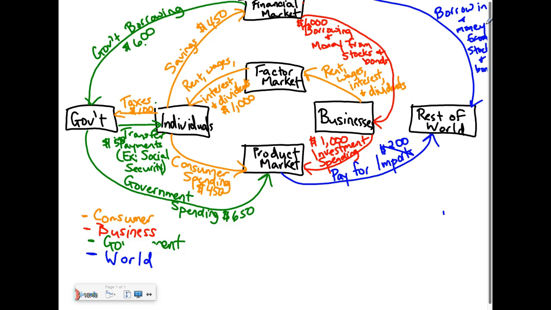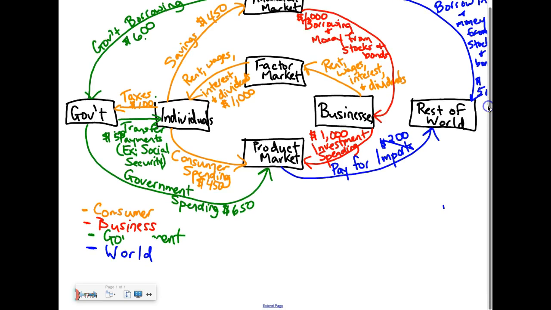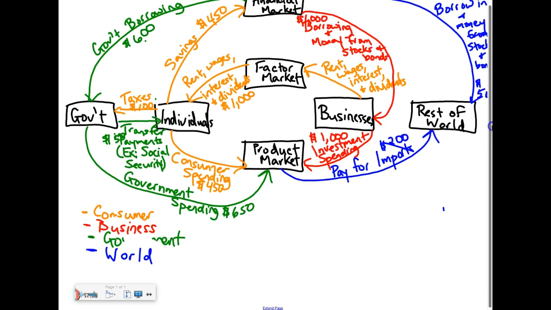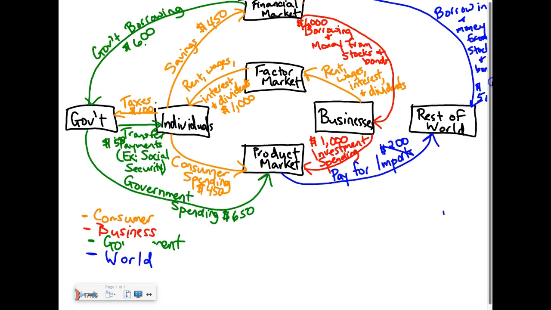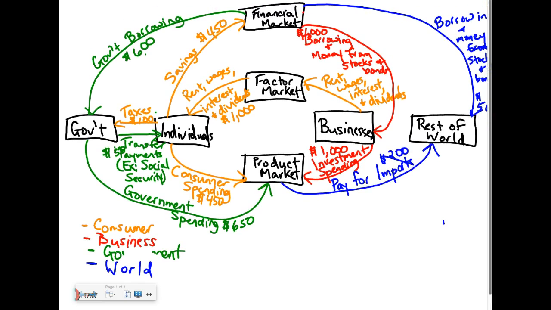Okay, so borrowing money and money from stocks and bonds. So we are going to say that they are borrowing $500. Okay, so they're going to borrow $500.